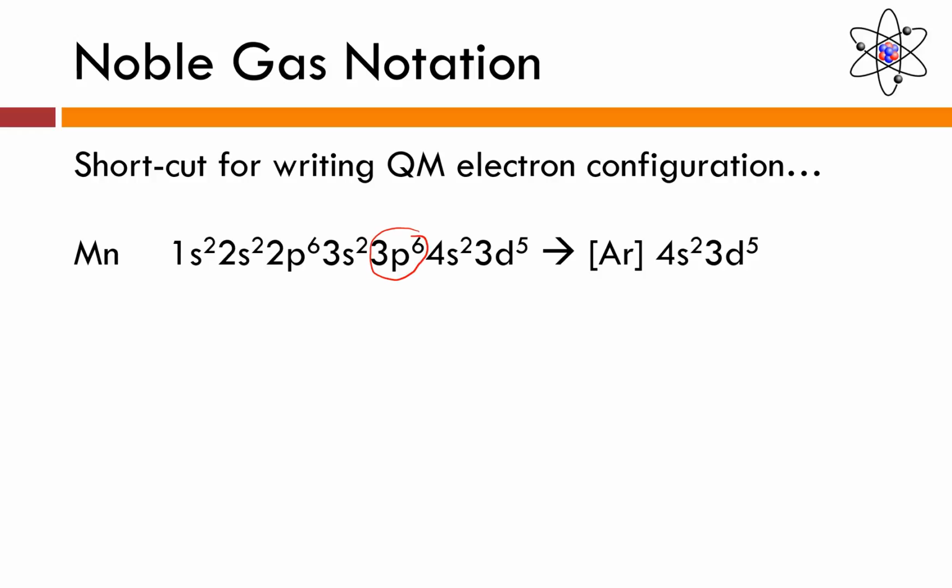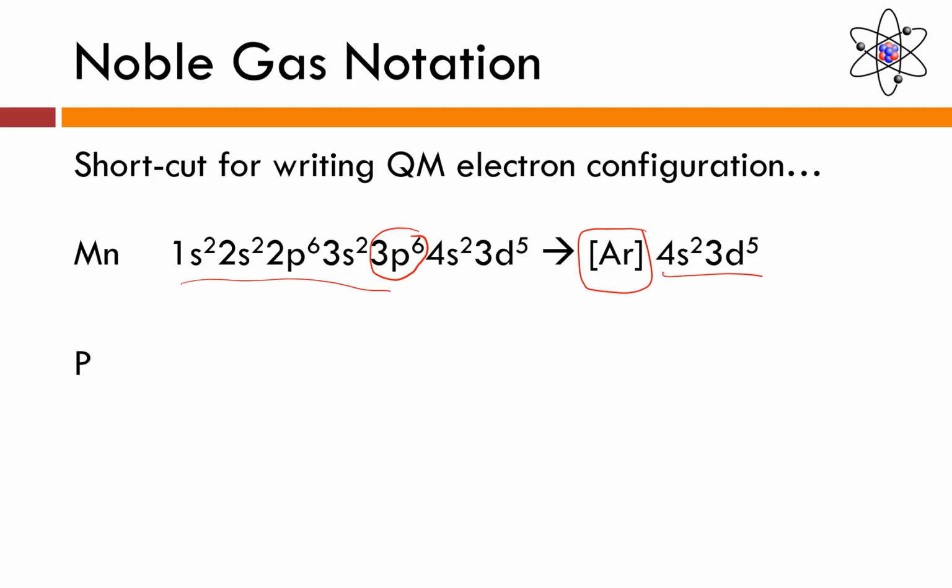In this case, 3p6. If you think about where 3p6 is on the periodic table, kind of using that little trick that we just showed you with the periodic table, you'd see that its valence electrons, or its last electrons, are in the third energy level, the P sublevel. So we're full up to here. So we put argon in brackets, and then we just write out the remainder of the electron configuration.